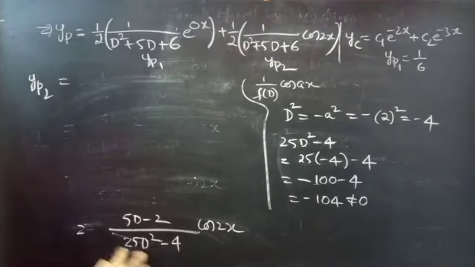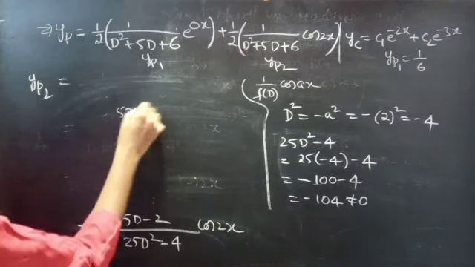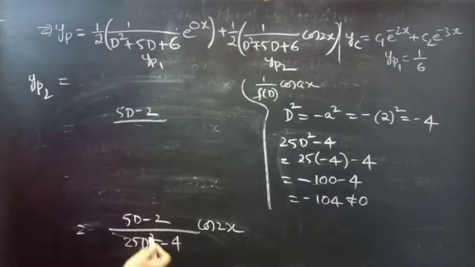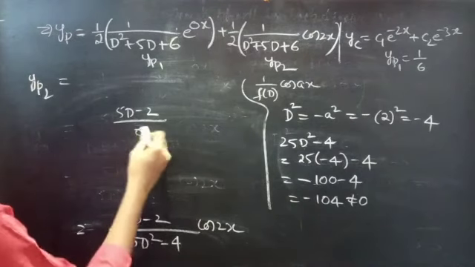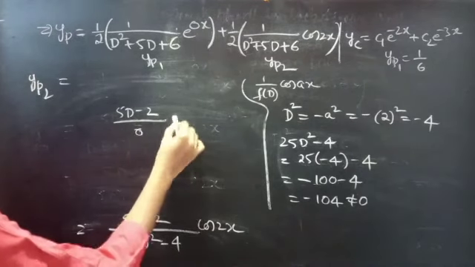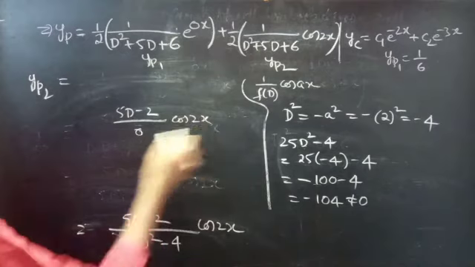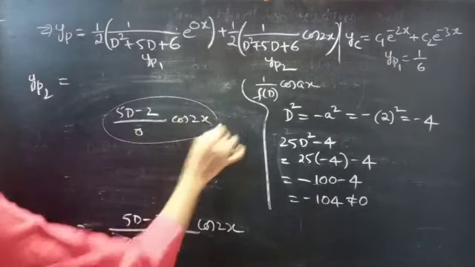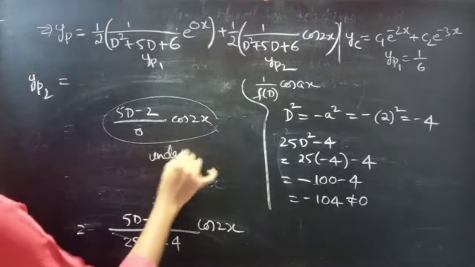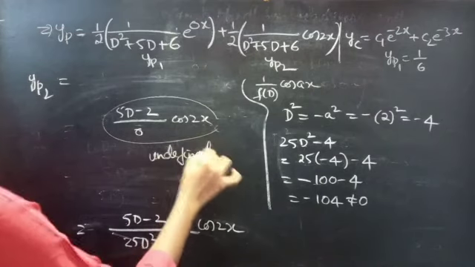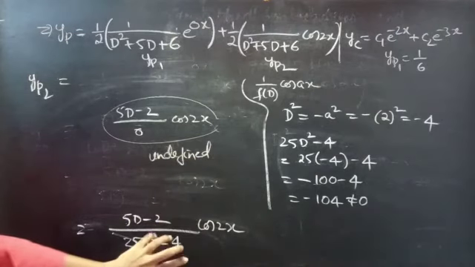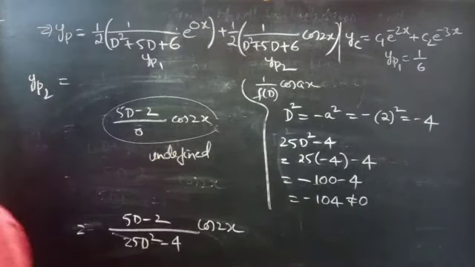If you replace D² and get 0 in the denominator, you'll get (5D - 2)/0 cos 2x, which is undefined. But in our case, the denominator is a number which is not equal to 0.